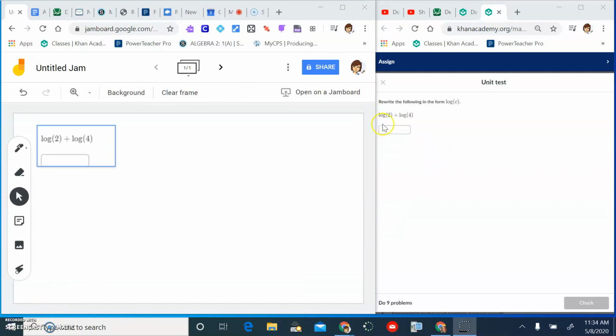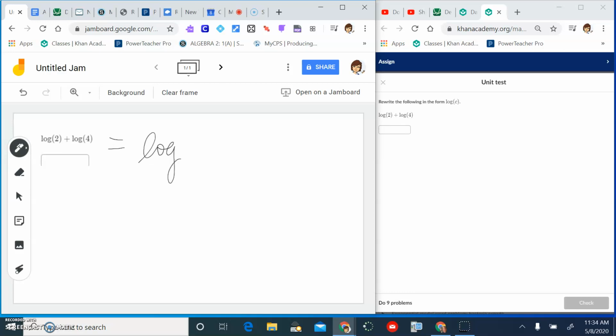So this one we're going to use the log properties. It says to rewrite it in the form log of C. So this is 2 separate logs, and they want us to squish it together. And if it's 2 separate logs with the same base being added, that means that we can squish them together and multiply them.